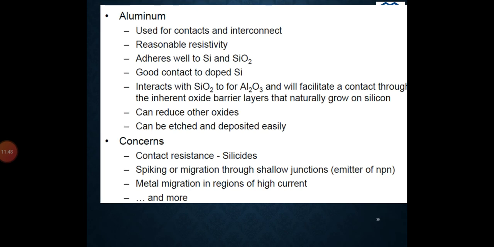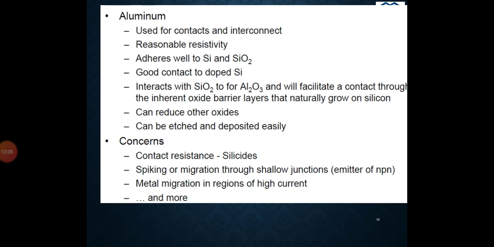Aluminum is used for contact and interconnect because of reasonable resistivity, like I discussed previously. It adheres well to silicon and SiO2, and makes good contact to doped silicon.